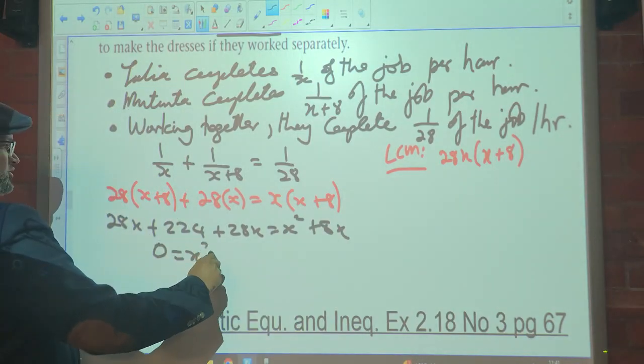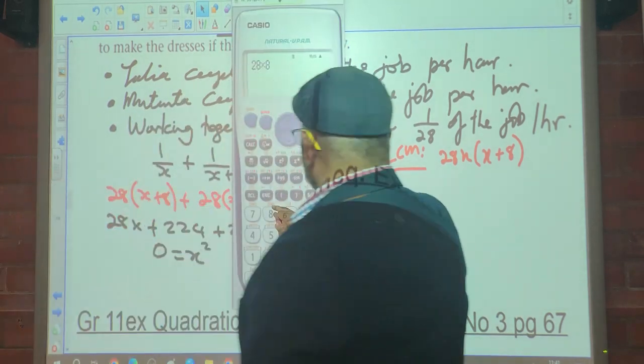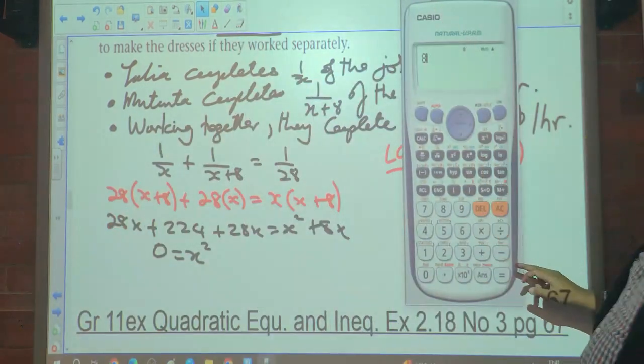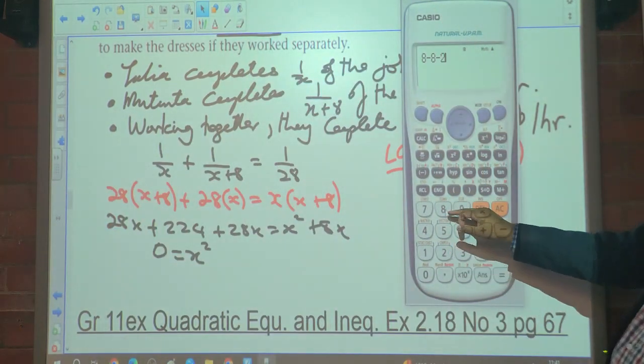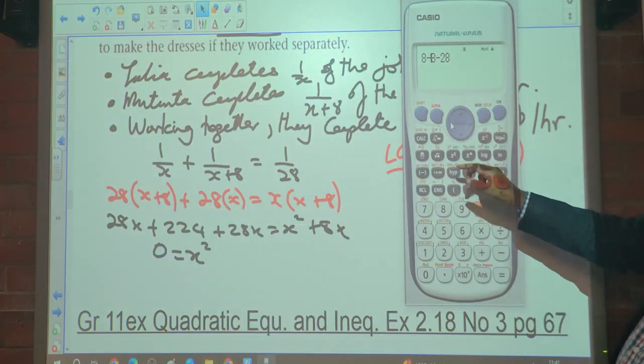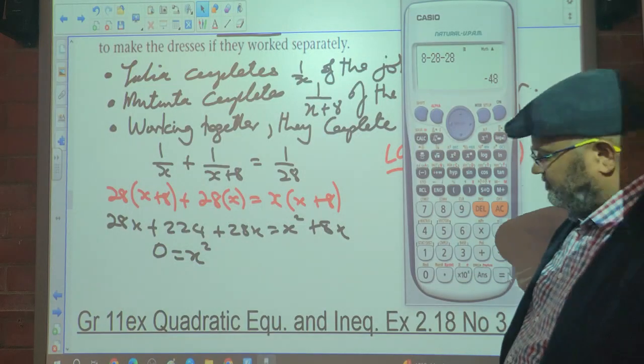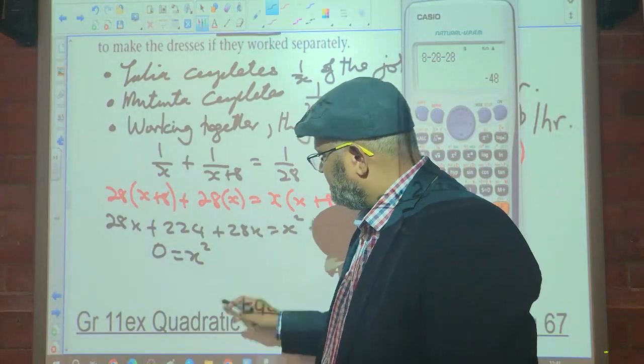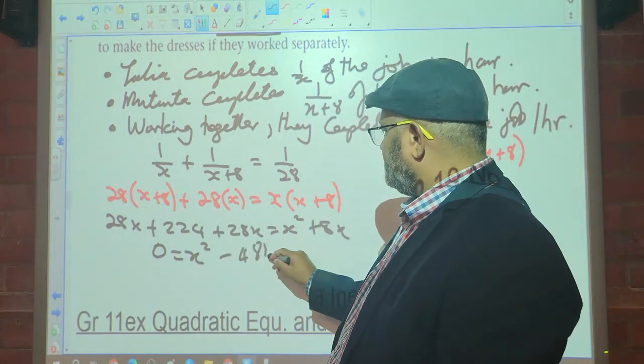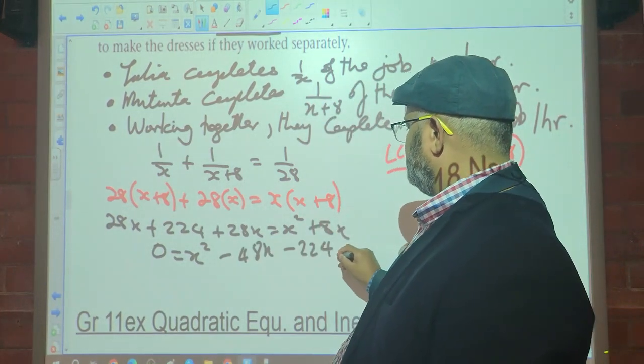So 0 is equal to x squared, and we've got 8 minus 28 minus 28, which is negative 48x, minus 224.